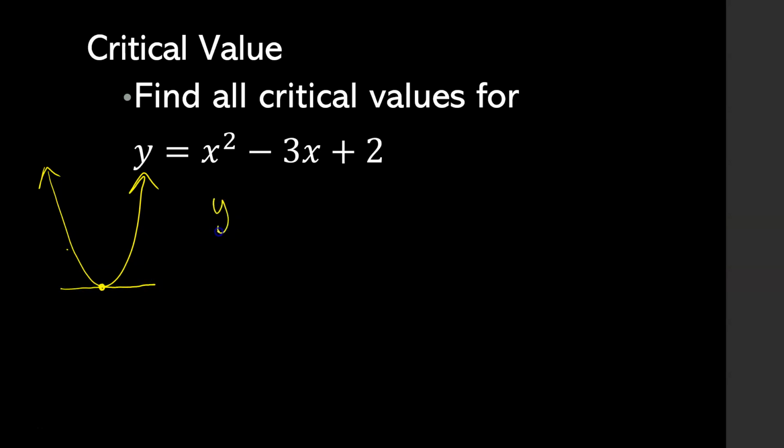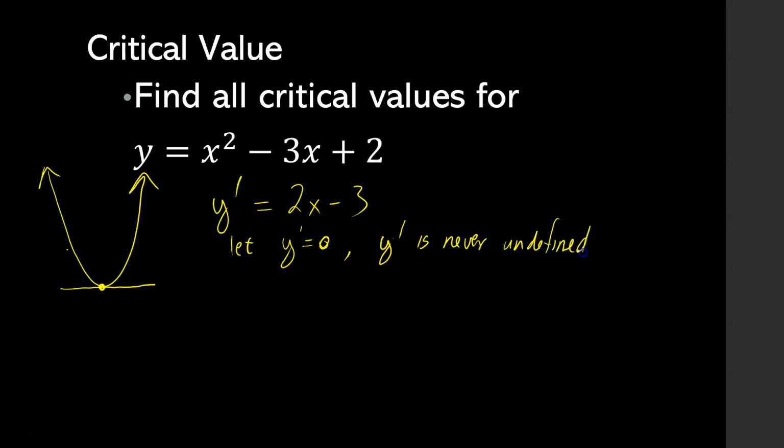Okay. So if we're going to find critical values, the first thing we do is find a derivative. So we're going to say let y prime equal 0, and then we're also going to say, so we don't forget about the undefined thing, y prime is never undefined. How do we know that? Well, because 2x minus 3 is a line, and lines have a domain of all real numbers, continuous everywhere, all that good stuff.